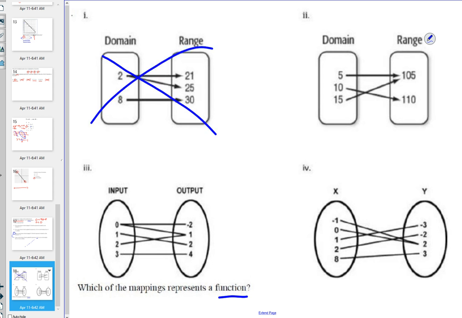Does option 2 have a single input going to 2 different outputs? No, so this one's good. And then 3, do I have one input going to 2 different outputs? Yeah, the 0 is going to 2 different ones, so it can't be that. And then 4, does that one have a single input going to 2 different outputs? No, so it's these.